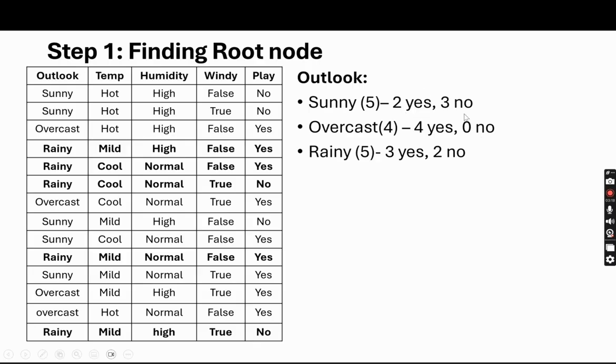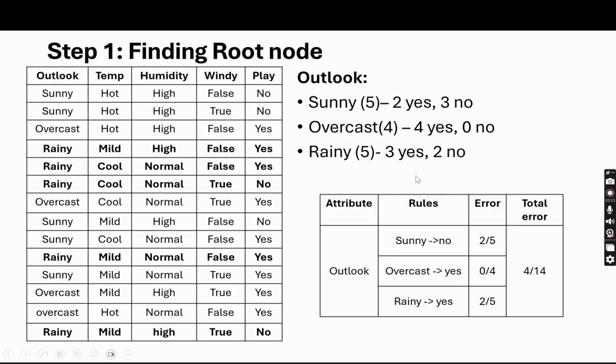From these values, we have to find the error value by constructing a table. For the attribute outlook, there are 3 values: sunny, overcast, and rainy. The error value can be calculated by setting a rule that produces a minimal amount of error.